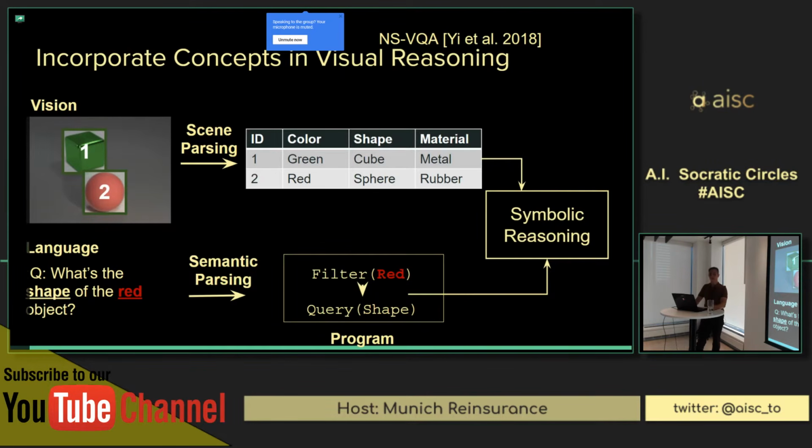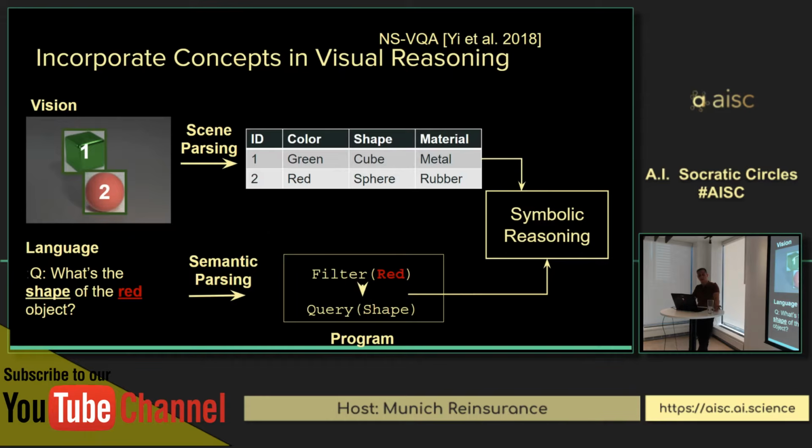The Neuro-Symbolic VQA framework proposed by another group uses a scene parsing subroutine to extract an abstract representation of images. It first detects all objects in the scene and extracts their attributes, such as color, shape, and all others. Meanwhile, it translates the language question into a logic program with a hierarchical layout.